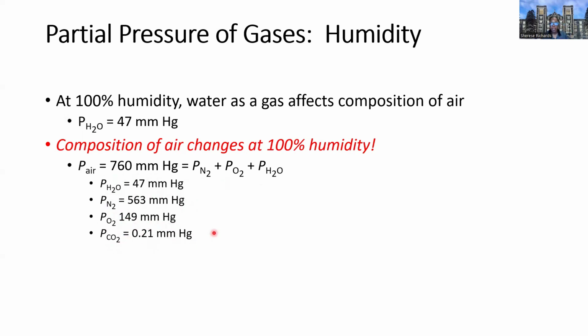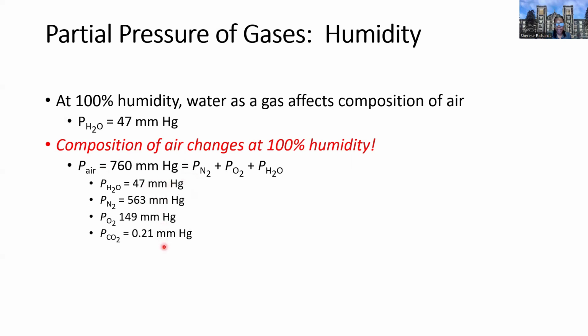So based on our equation that we described in the previous slide, the percent of the gas multiplied by the overall pressure of the air, we can deduce the individual partial pressures, and then all we have to do is simply sum those partial pressures of the individual components, and that should equal our 760.